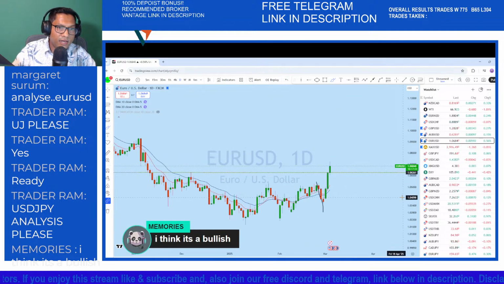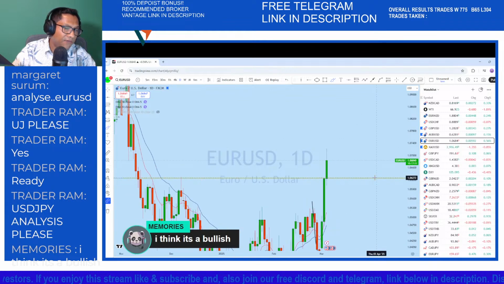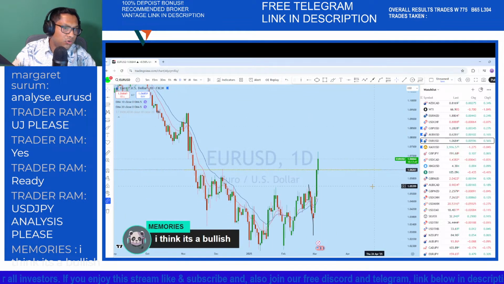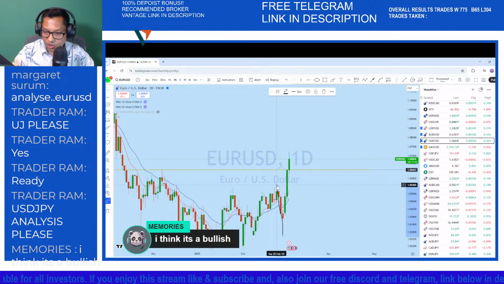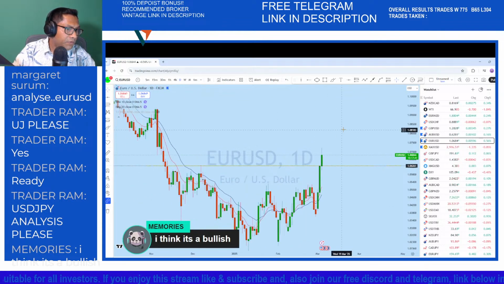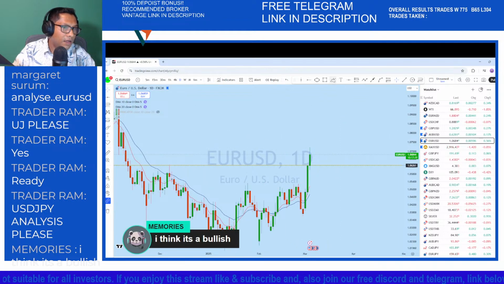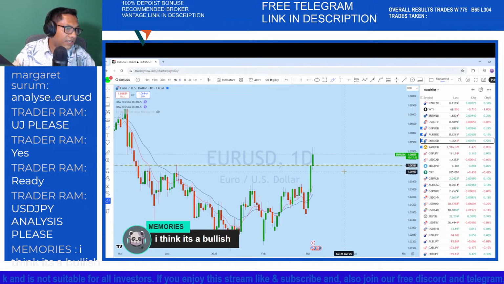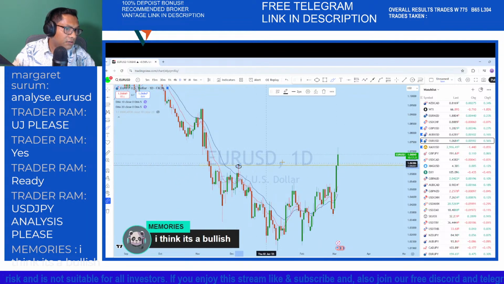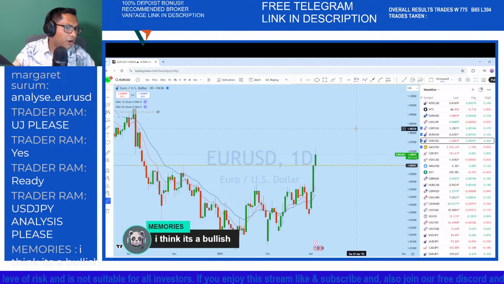From the intraday perspective, this is the 4-hour daily support level here on EUR/USD. Here you can see that this is the daily support, and with the daily support, this is the resistance which is turning support on the daily perspective on EUR/USD.